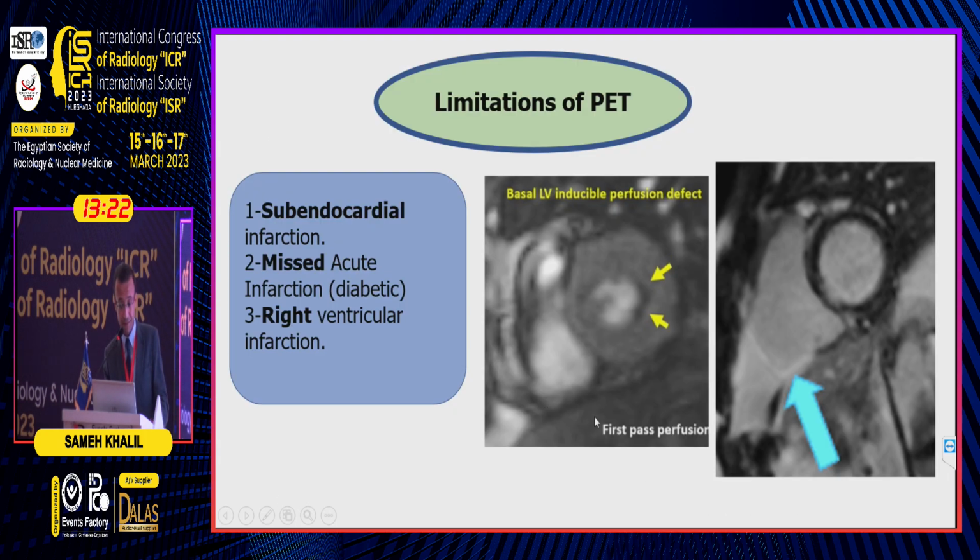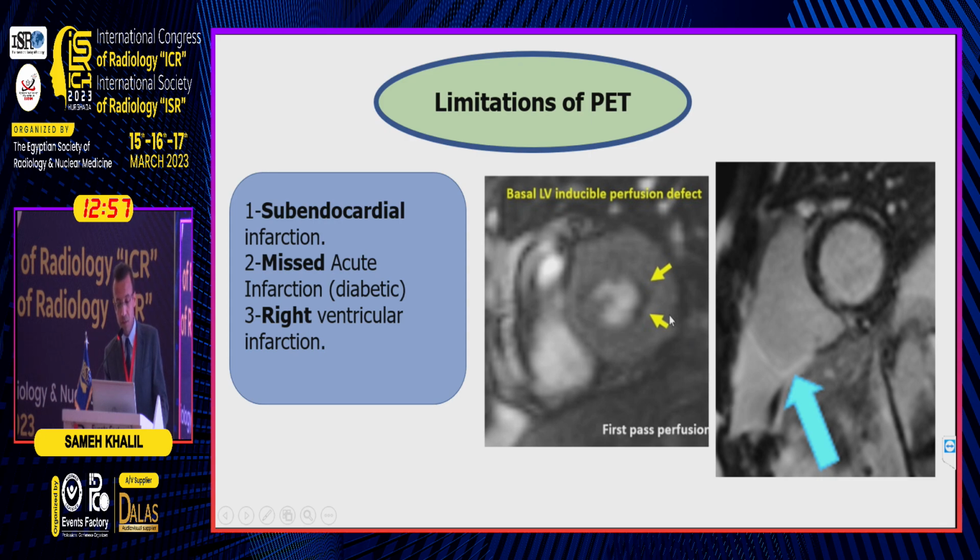Limitation of PET, sure: the case of right coronary artery infarction. This is one of our patients, who presented with ventricular tachycardia. On MRI examination, we have subendocardial infarction in the left ventricle and transmural right ventricular infarction. This is not the scope of PET-CT.